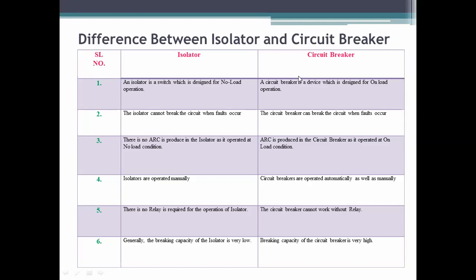Means it can interrupt or extinguish the arc of a current of very high value. So this is the difference between isolator and circuit breaker, and it can be asked in examination for 4 to 6 marks.